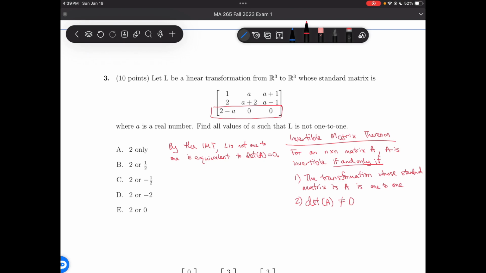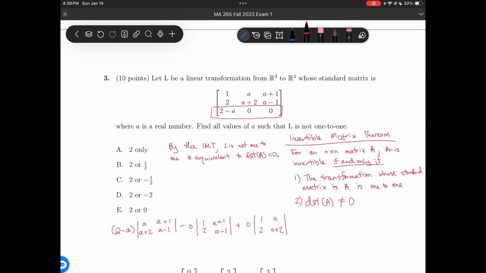And so now the formula would be 2 minus A times the determinant of A plus 1, A plus 2, A minus 1, minus 0 times this matrix plus 0 times this matrix.